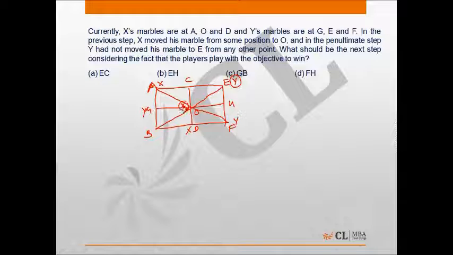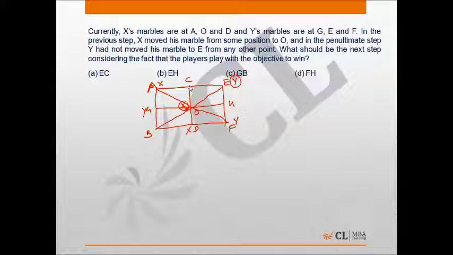And if we have a look at the board, we see two of the marbles of X are along the line D O C. In case Y does not move his marble to position C, X can win the game by moving his marble from A to C.